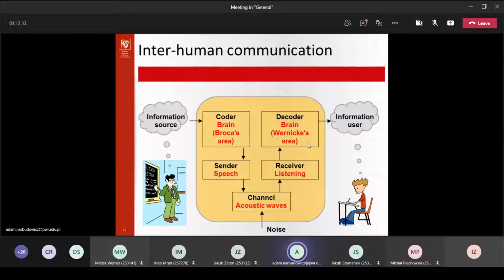And then again, based on those words that you've listened to first here and then understood here, you will try to recreate that information and form some idea about what the telecommunication systems can be in your own brain, right? To reconstruct that information.